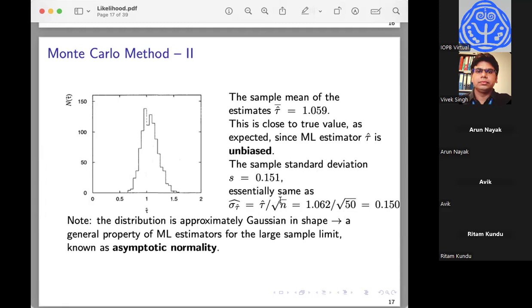If you take the estimated tau hat value times 1 over square root of 50, it gives you something very similar to this analytic expression we got, right? It's tau hat over square root of n. From the Monte Carlo method and from the analytic method, it comes out very similar.